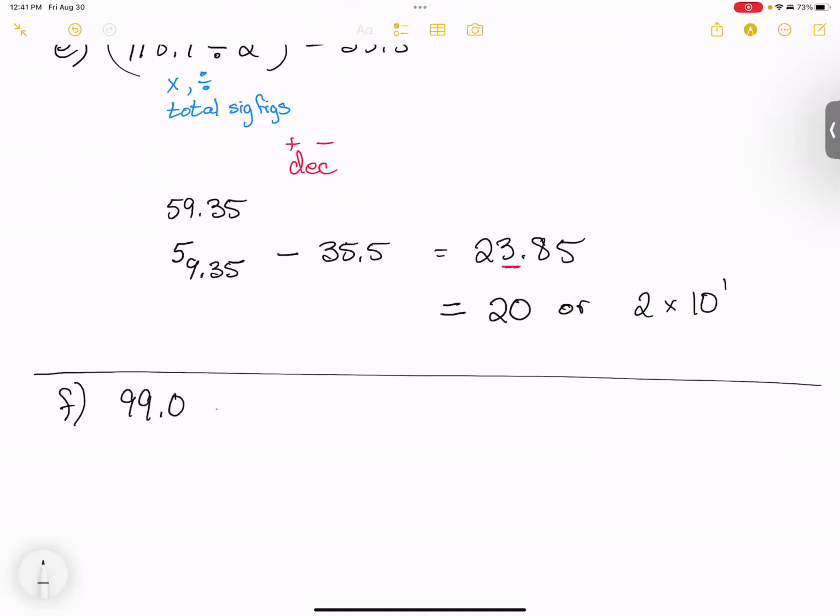We're going to do 99.0 plus 2.0 times 5.56.